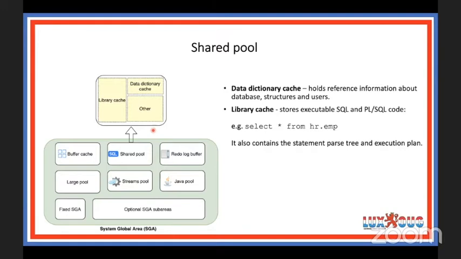This plan is placed in the library cache, and next time when the same user or another user tries to run the same statement, Oracle only needs to search for the corresponding statement in the library cache and use its execution plan. This is called soft parse, when CPU resources and other resources are released and it is easier for Oracle. That's why we need the shared pool.